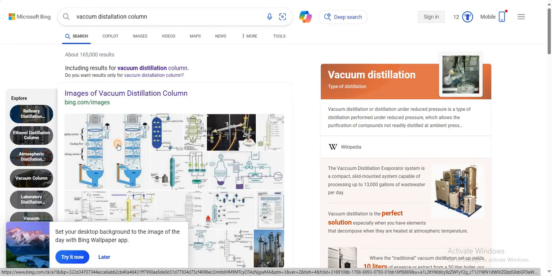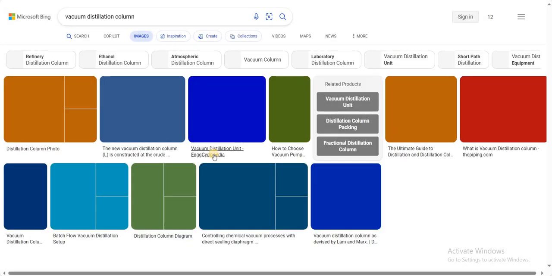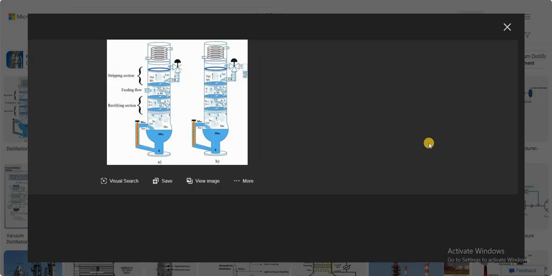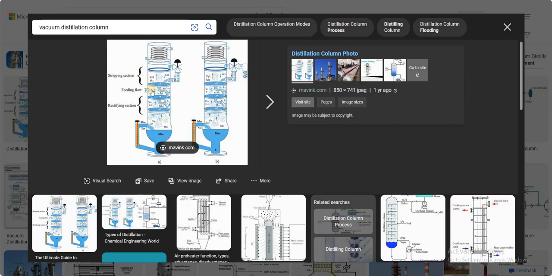This is the image of a vacuum distillation column, and from the top some portion is being let out to the atmosphere, and the upper one is the very distilled portion, some vapor of some liquid, mainly petrol, kerosene.